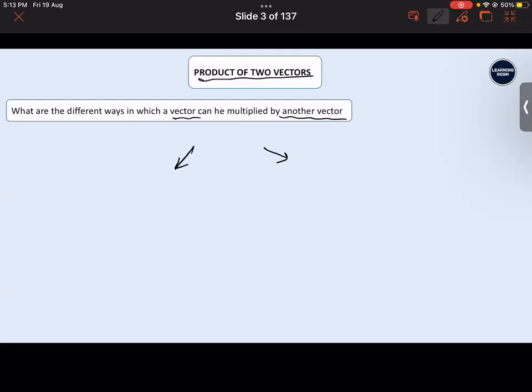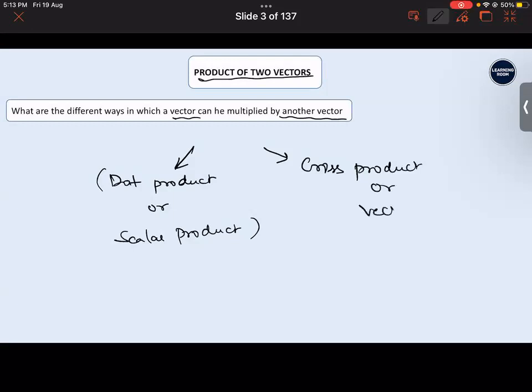One of the ways is called the dot product or scalar product. The other one is called the cross product or vector product.